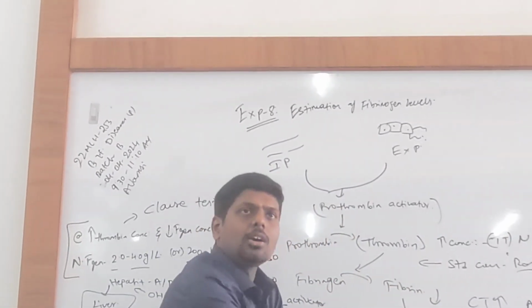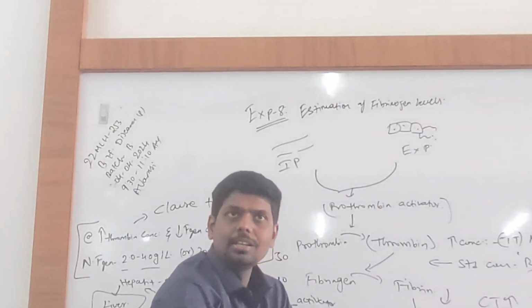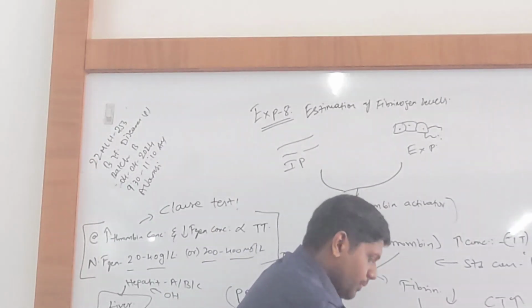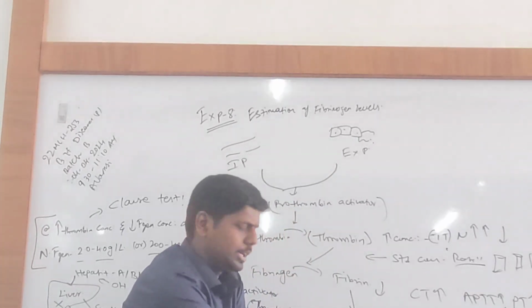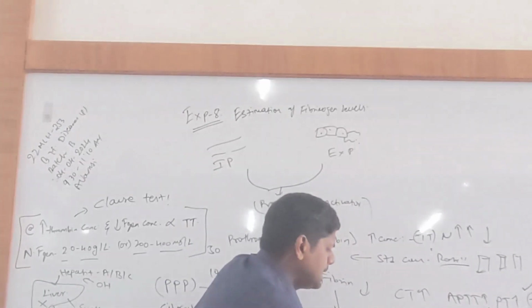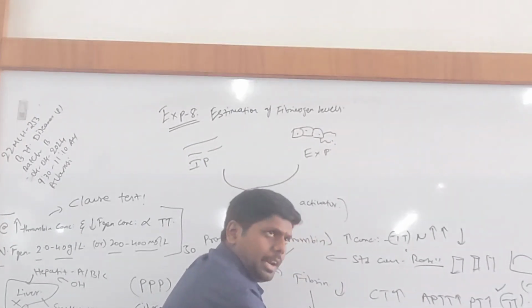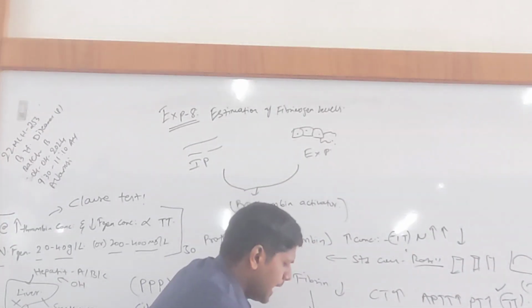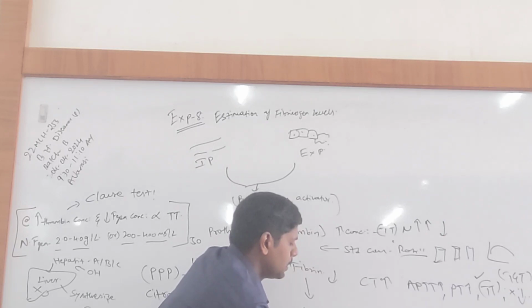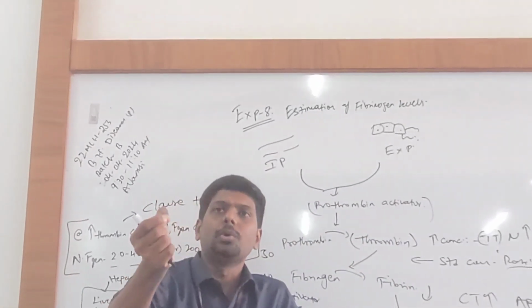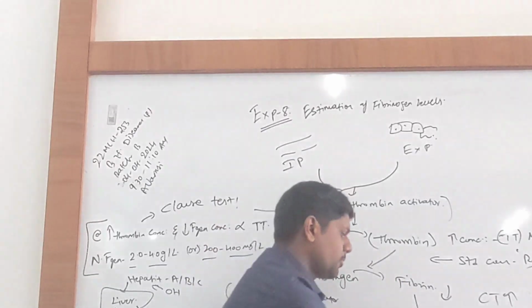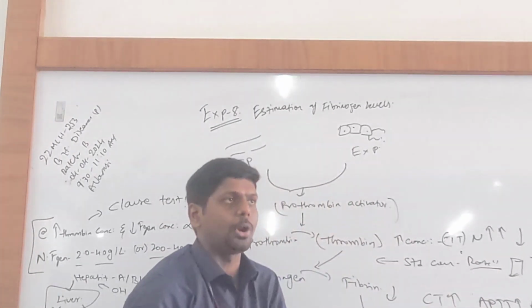It will cut the clots, leading to two types of release into the circulation: FDPs, fibrin degraded products, and D-dimer molecules. D-dimers are the small protein residual components released from the degraded fibrin products.